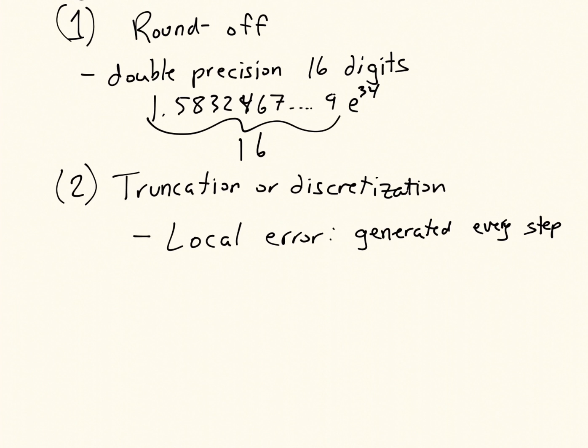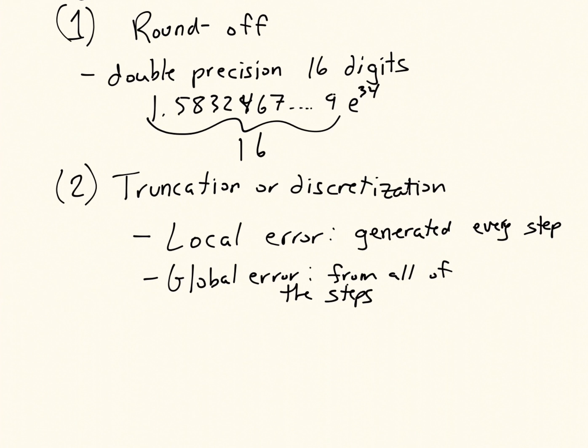If we put all those errors together, we get what's called the global error. This is the summation of all the local errors, so it's the error from all of the steps. And it's the error we really care about.